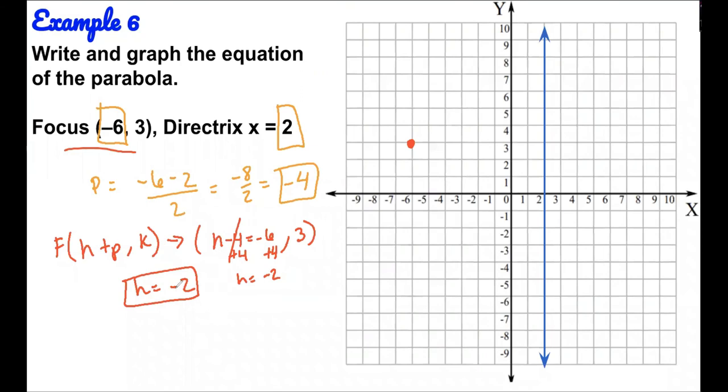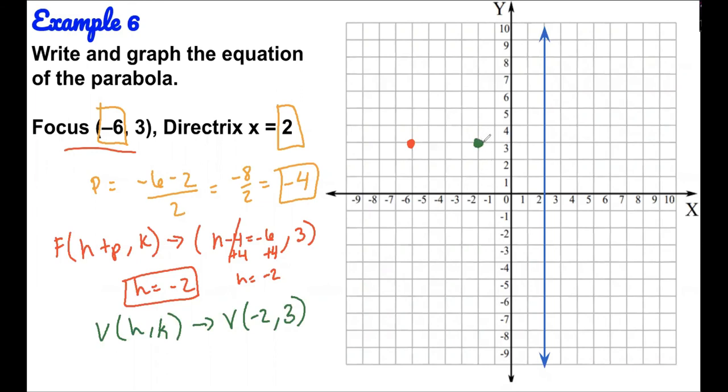All right, so let's go ahead and now define our vertex. Vertex is h, k. Those are the coordinates to a beautiful vertex. So we already know that h, we already solved for it, is -2. And our k value is already given the same as our focus, 3. So we have that point, -2, 3.